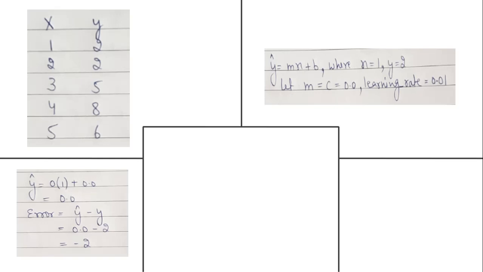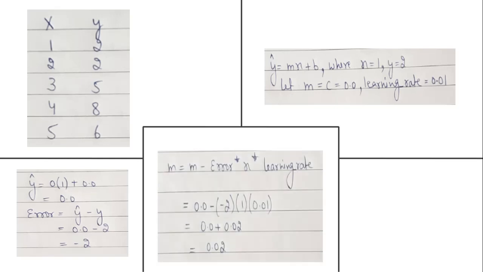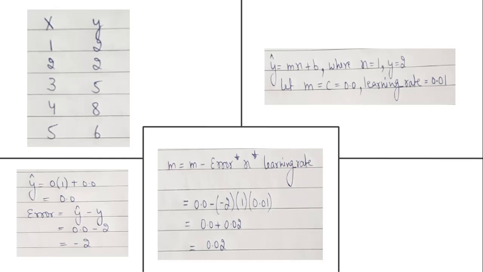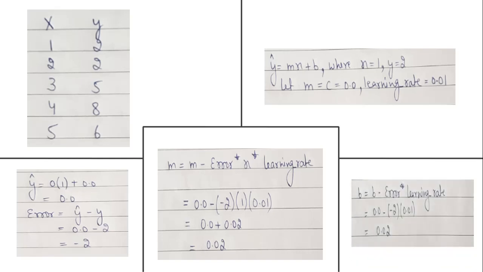Quickly let's calculate error as well. If we'll subtract y hat from y value, then we'll get it as minus 2. So we already find derivative equation for both m and b, that is m is equal to m minus error into x into learning rate and b is equal to b minus error into learning rate. So after substituting these values, we'll get both m and b as 0.02, as you can see on the screen. Now iterate this process for each row and we can add some epoch value as well.